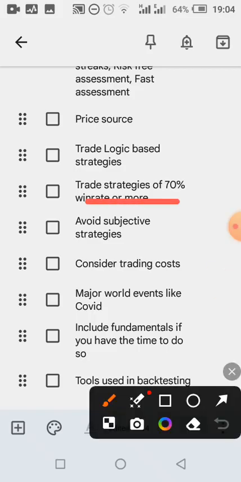Then also in trading, avoid trading strategies which are very subjective. By subjective, I mean things which are hard to define, where you and the mentor who taught you, if you are told to look for trade examples within a given time period, will not be able to point at the same examples that he or she would point at.